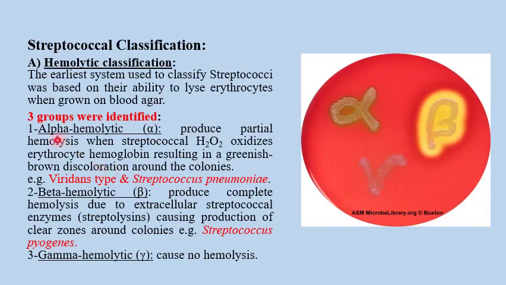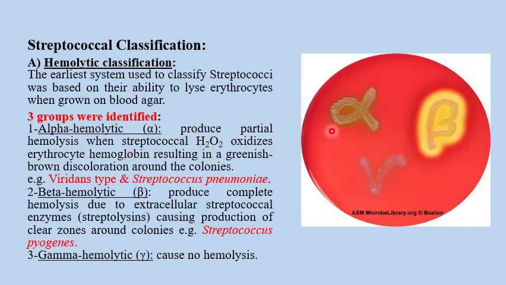Number one, alpha hemolytic. Alpha hemolytic, these produce partial hemolysis when this organism oxidizes the hydrogen peroxide. اللي احنا قلنا الهيدروجين peroxide ده بيبقى موجود فين؟ في الإريثروسايت hemoglobin, resulting in a greenish brown discoloration around the colonies.